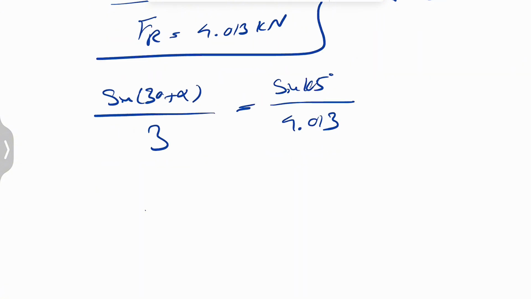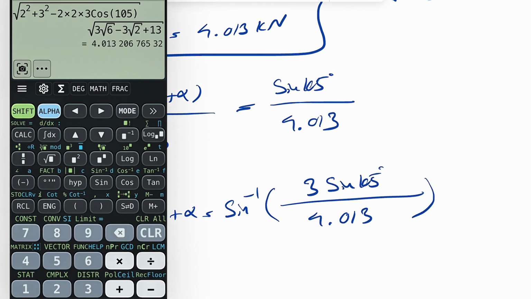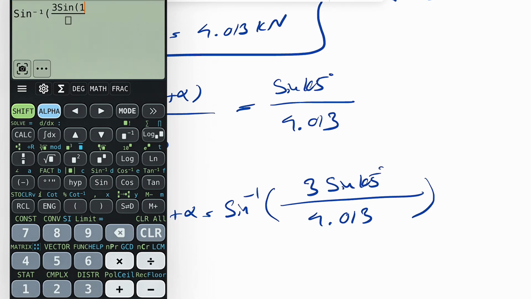If you cross multiply this, 30 plus alpha would be the sine inverse of this ratio: 3 times sine of 105 degrees over 4.013. So let's figure out that value: sine inverse of 3 sine of 105 over 4.013.